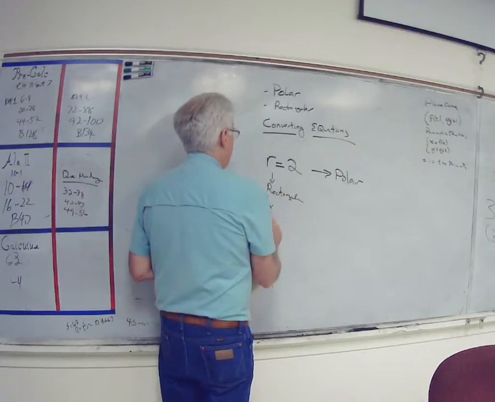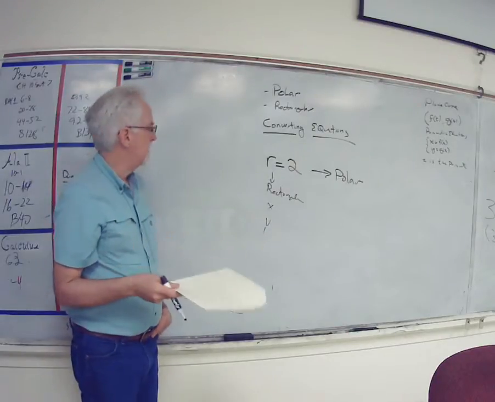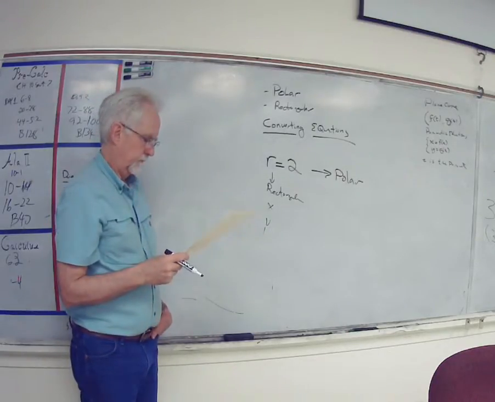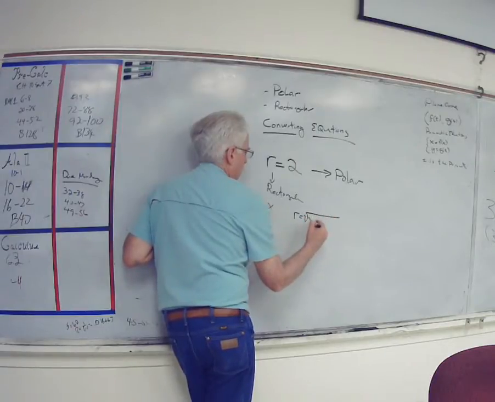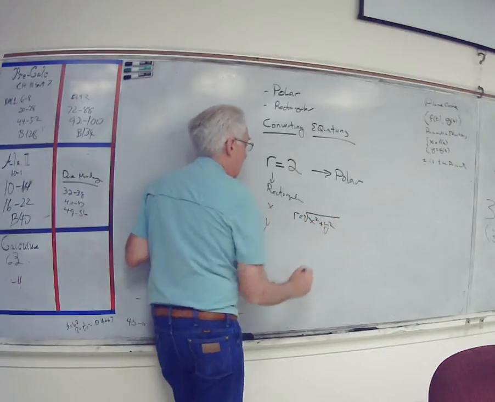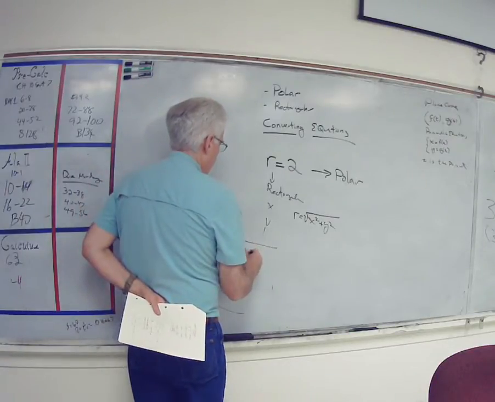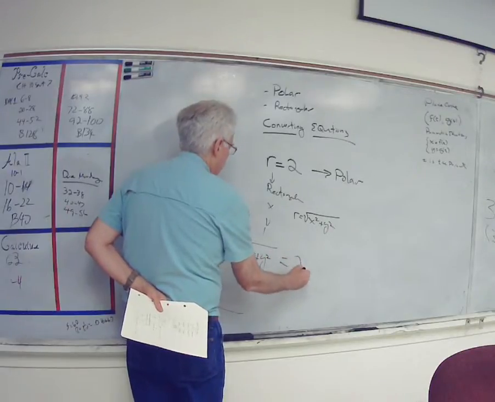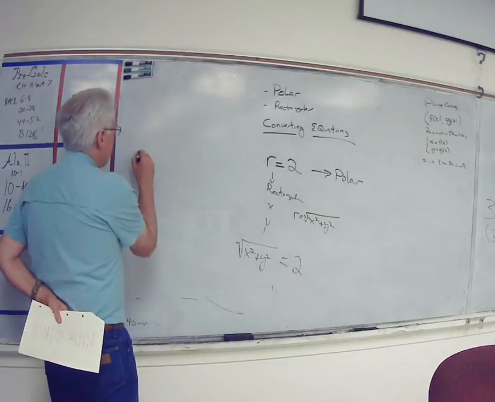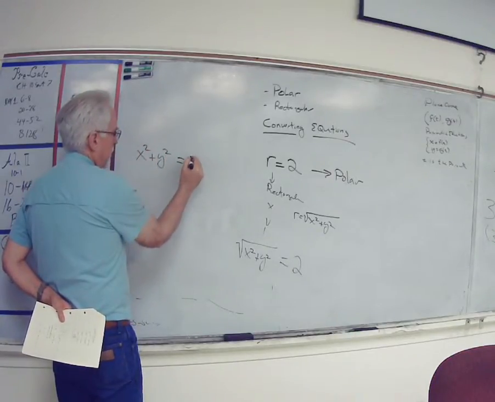So I need to know x and I kind of need to know y, right? Somebody suggest something that I could do. Well, r equals the square root of x squared plus y squared. That is true. So what could I say? The square root of x squared plus y squared equals 2. I could square both sides and say x squared plus y squared equals 4.